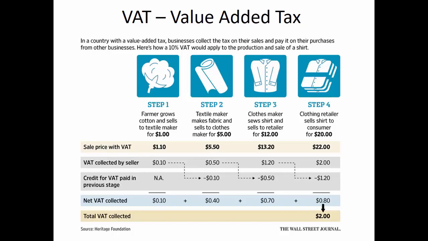Although the production of an item benefits the person who's generating the raw goods, the person who's transforming the raw goods into a usable material, the manufacturer who turns the material into a thing, and then the middleman or distributor who gets it into the stores, all of those people along the way are benefiting from the production of the item, but it's only the consumer that ends up paying a tax in the end.